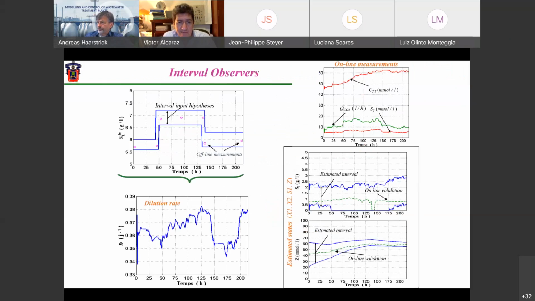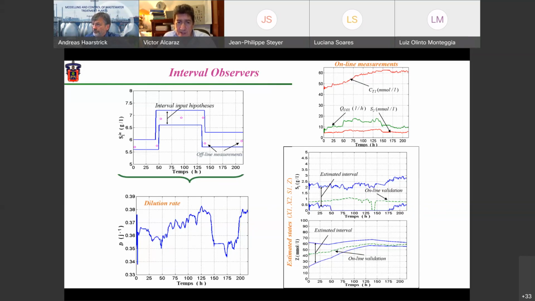Here you can see an experimental example in which hypotheses on process input concentrations are only validated by online discrete measurements at the top left side. We have also online measurements of the dilution rate, the total inorganic carbon, biogas flow, and volatile fatty acid concentration.